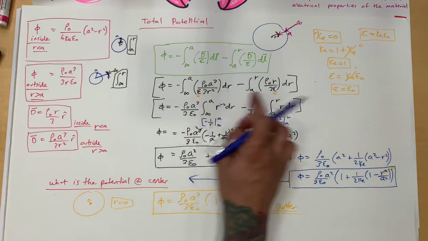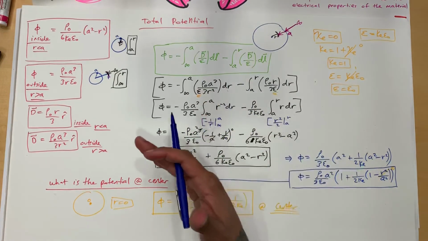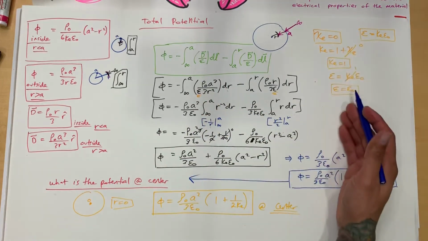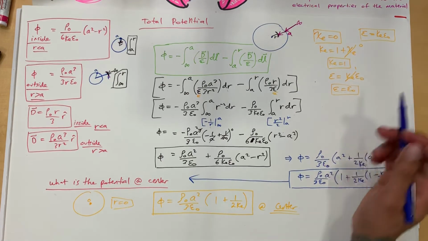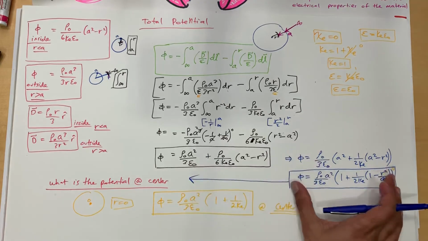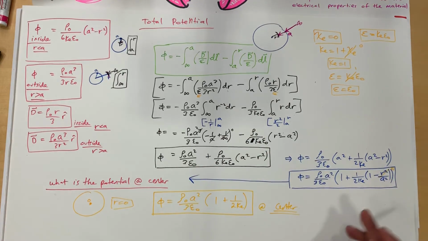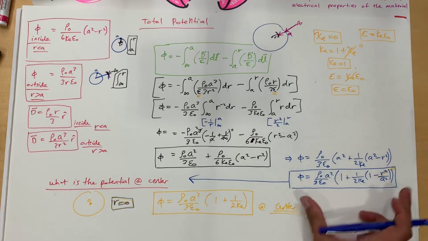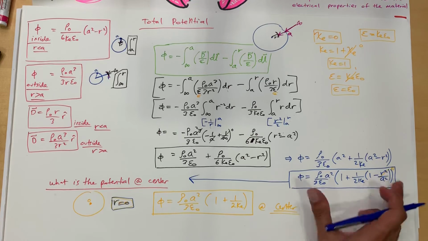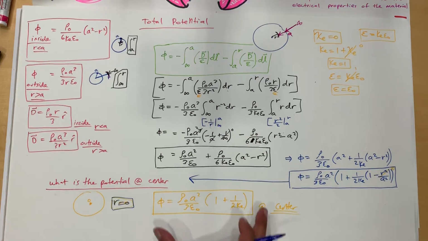The permittivity is different whether you're outside or inside, so take that into account. See if your susceptibility is 0. And then once you have your potential, if you have to find the potential at the center, that just means that r is going to equal 0. So maybe you rearrange what you have to simplify your life, and this is going to be the expression for the potential at the center.